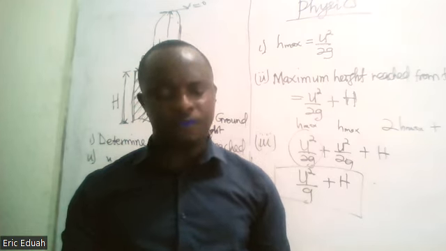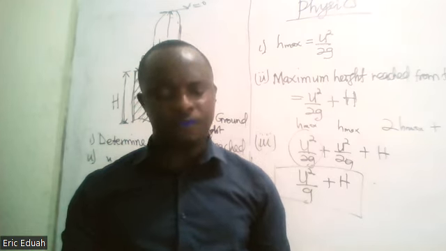I take the question again. A ball is projected vertically upwards from the ground with a velocity of 20 meters per second. A, how high will it go? B, how long will it take to reach the highest point?